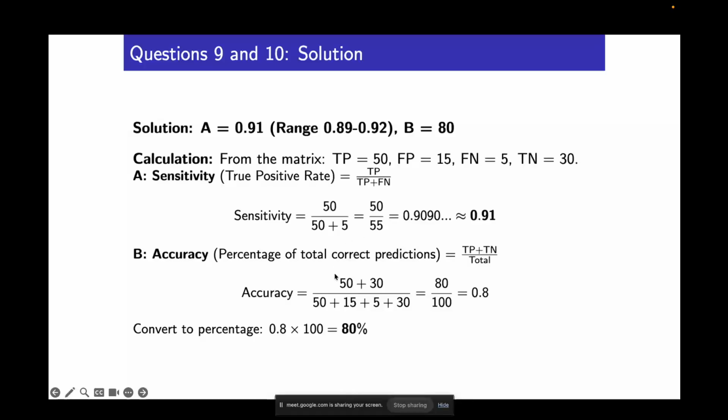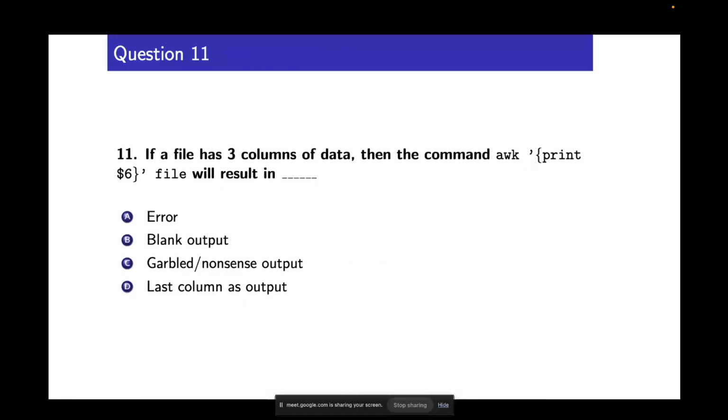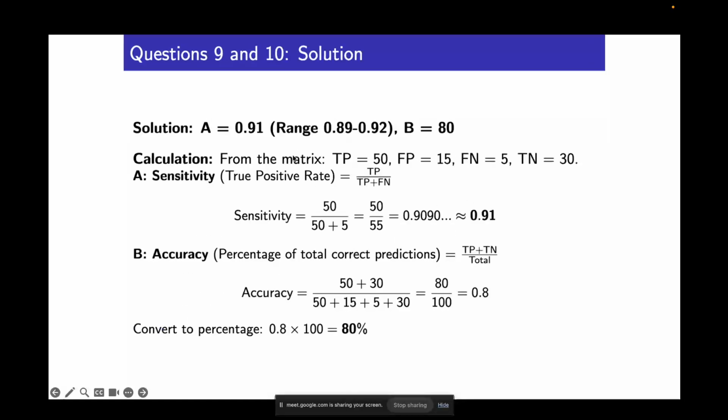And the accuracy is the total number of correct predictions, which would be true positive and true negative. So 50 plus 30, 80, by the total number of predictions, which is 100. So 80 by 100, which is 80%. One thing, accuracy is always given in percentages. The sensitivity, specificity, true positive rate and false positive rate are all given in decimals, not in percentages. For accuracy, it is in percentage. So kindly remember that as well. So the first will be 0.91 and the second will be 80.